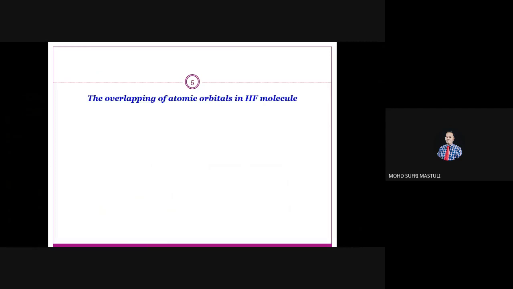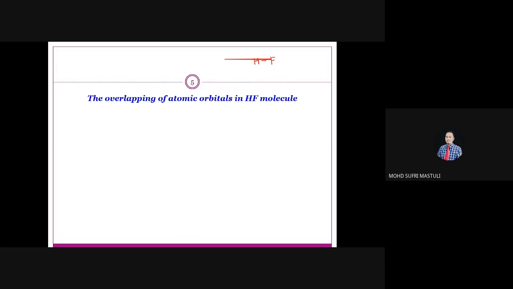Okay, we look at another example, hydrogen fluoride. We know hydrogen fluoride from the Lewis structure should be like this: hydrogen, single bond, F. But in the Lewis structure, we cannot tell which orbital is involved in the formation of the bond.